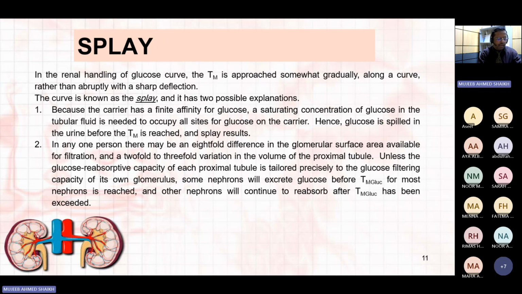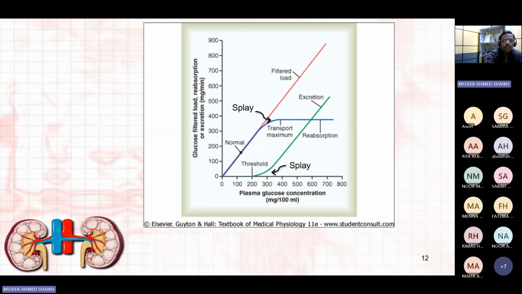But this is not so simple. The reabsorption of glucose, the renal threshold and the tubular maximum are not so simple. There is one term called splay, which I will try to explain. For that explanation, we have to see the graph first.